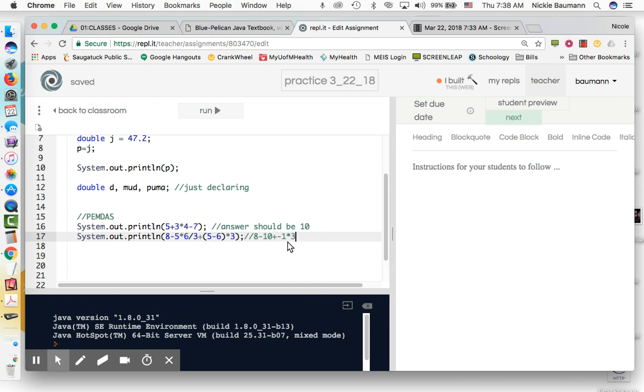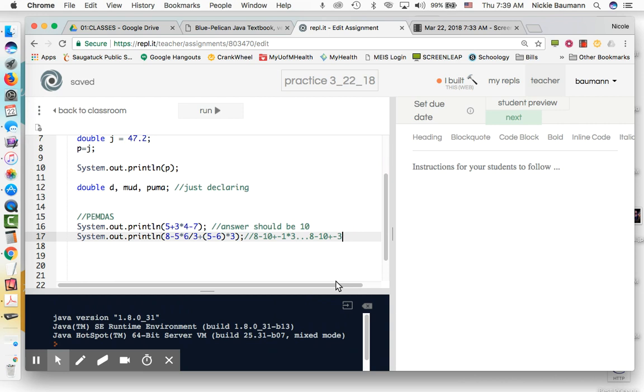So let's first, now we have to do negative 1 times 3, which is negative 1. Oops, I gotta times it by 3, which is negative 3, my fault. So now it would be 8 minus 10 plus a negative 3. 8 minus 10 is what, people?